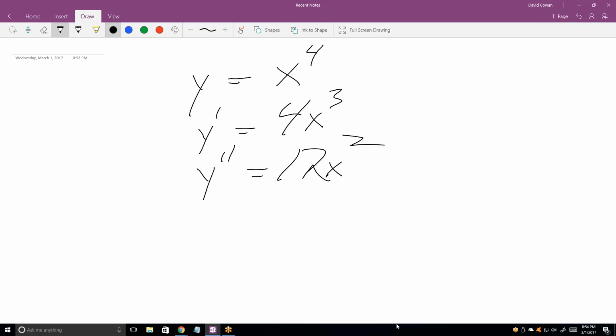That's second derivative in a nutshell. In other words, you don't need to take second derivatives. Second derivatives are always first derivatives of first derivatives. So if you have a function and they want to know the second derivative, you've got to calculate the first derivative first, then the first derivative of that.